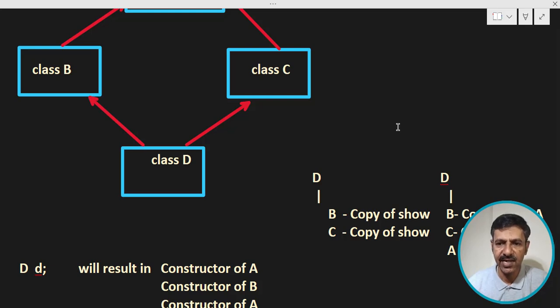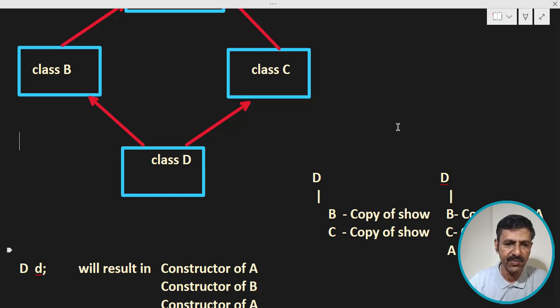Now look at this diagram here. When you implement class D deriving from B and C, B will have the constructor of A, C will also have the constructor of A, and A has its constructor. So D will see these many constructors. Actually, it should see only the constructor of A once, isn't it?